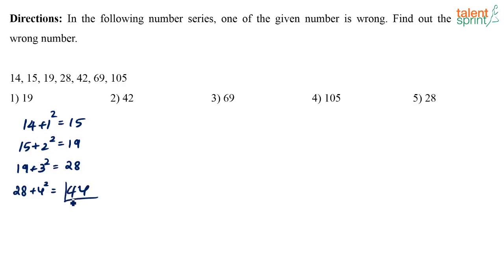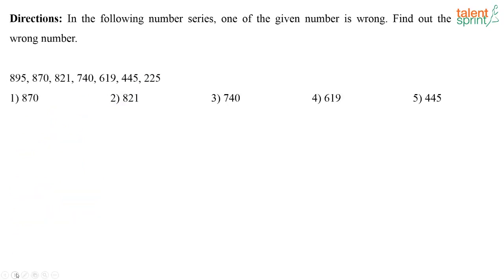It should be 44 and not 42. So this is your wrong number. You are adding squares in each step. So next will be 44 plus 5 squared, which is equal to 69. 44 plus 25.